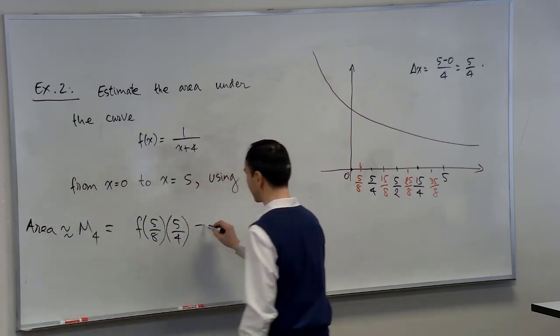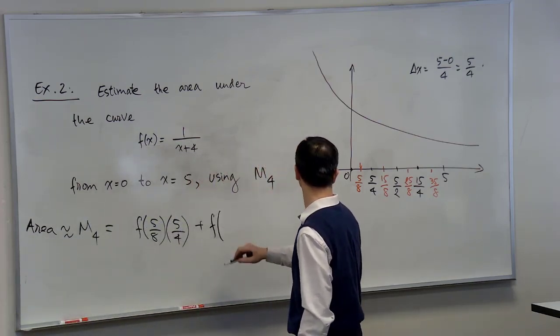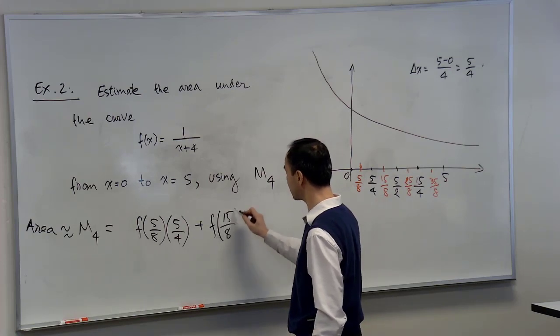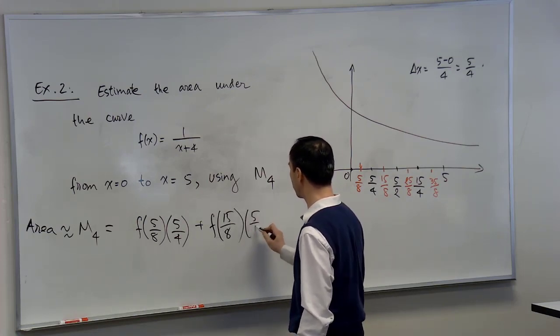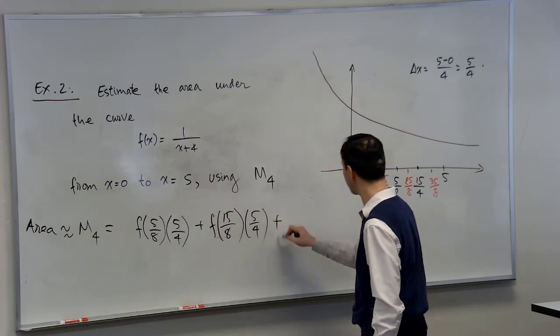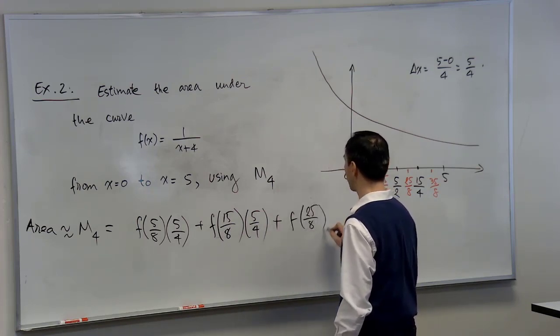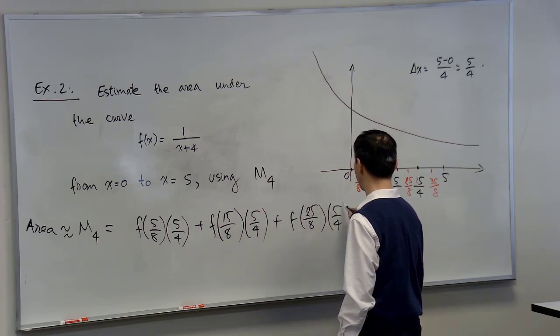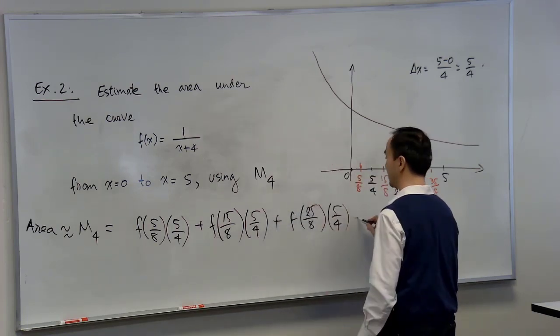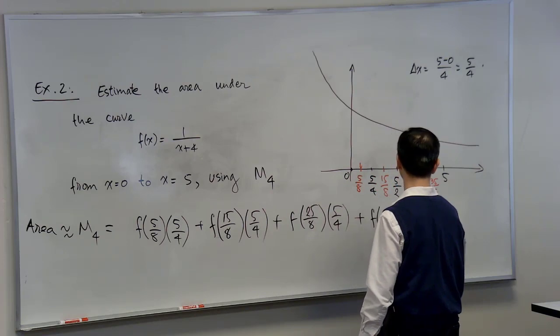Second term, the function value at 15/8 multiplied with 5 fourths. Third term, the function value at 25/8 multiplied with 5 fourths. And the last one, the function value at 35/8 multiplied with 5 fourths.